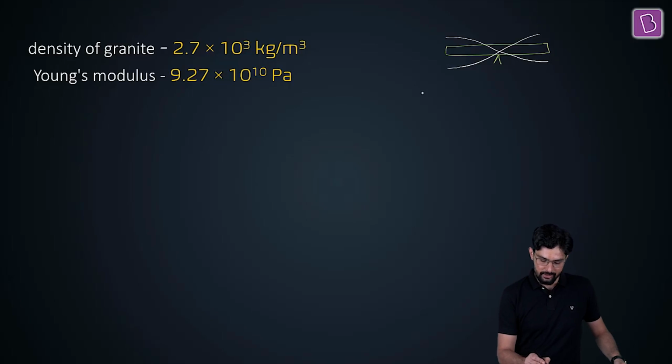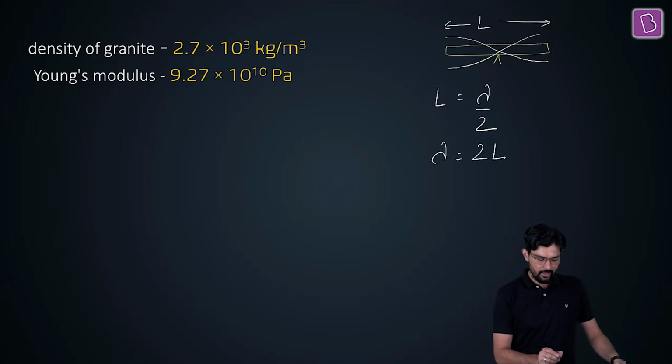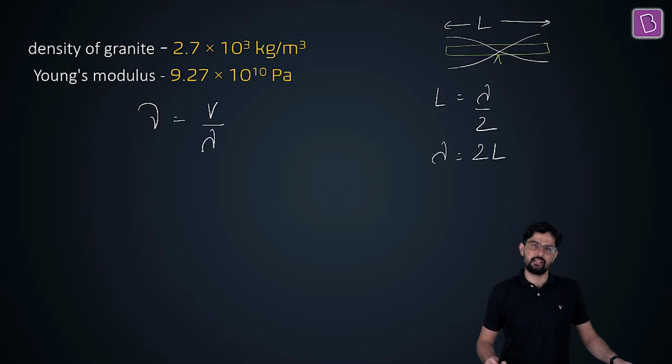Where you can see that the length of the rod is equal to lambda by 2, correct? So lambda is 2L. And we know that frequency is going to be equal to velocity of the wave by lambda, correct? Now how do you find out the velocity?